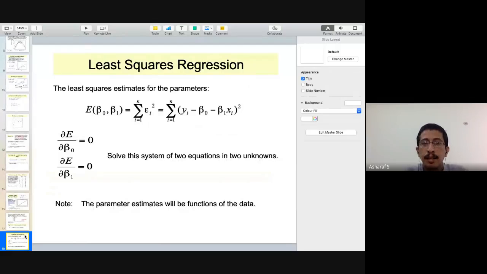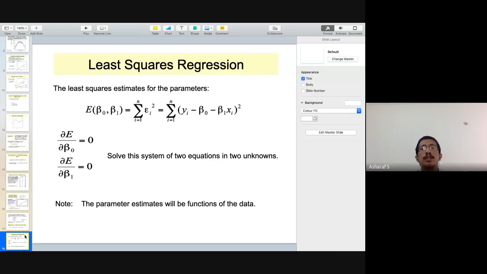When you have specific values for beta 0 and beta 1, you have the corresponding epsilon i, and you square them and add them up over all the training examples. How do you do a gradient descent over this with the available data?